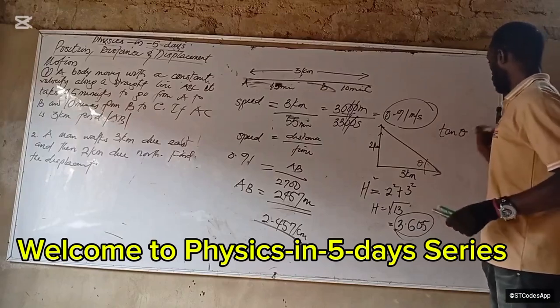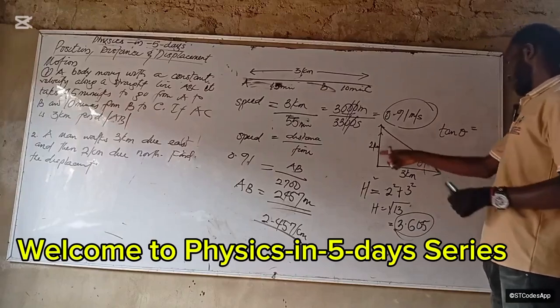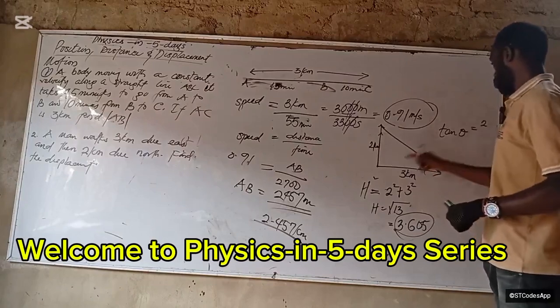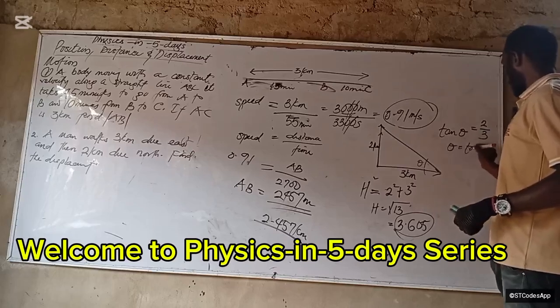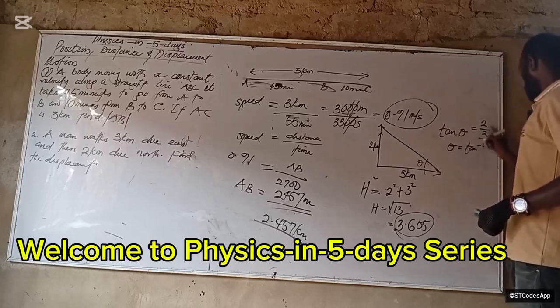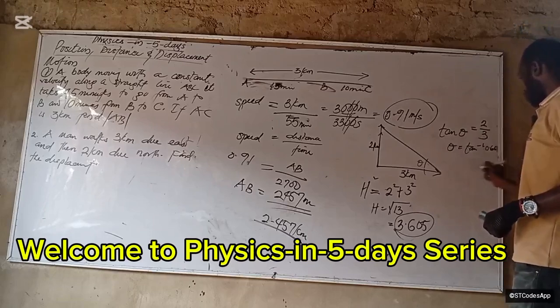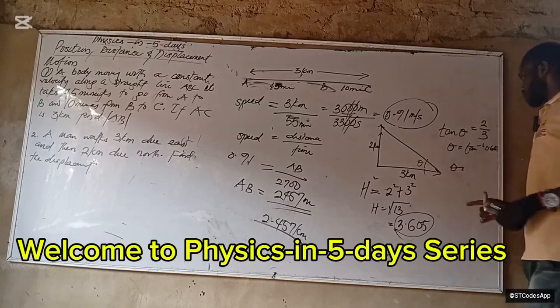So his direction: tan theta is going to be opposite, which is 2, over adjacent. So theta is going to be the tan inverse of 0.661. So theta is going to be what?